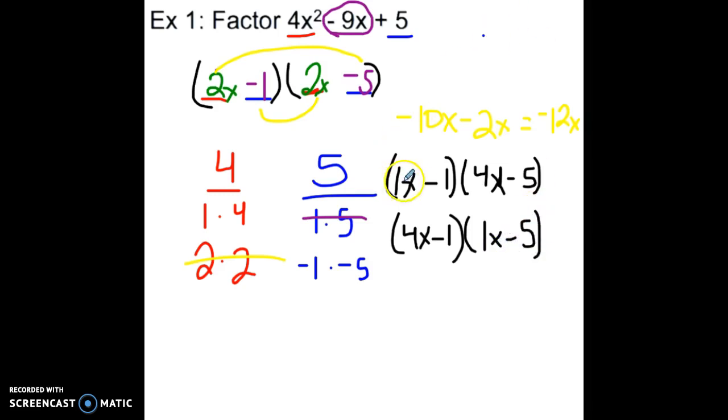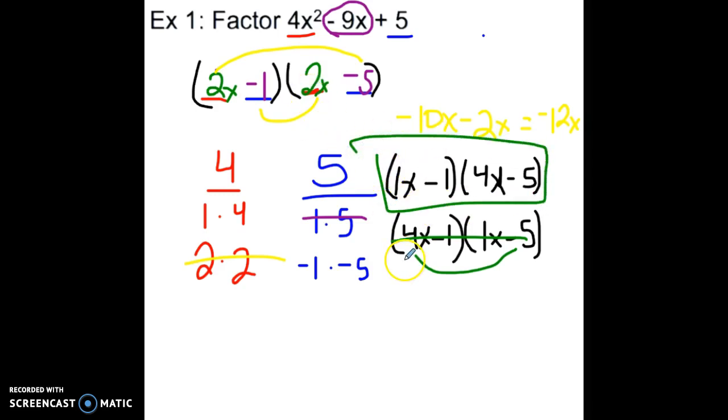So again, we need to check the outer and the inner terms combined together. So here when I look at the outer, 4 times negative 5, well, that's negative 20. And negative 20 and then negative 1, that's not going to get us anywhere close to negative 9. So let's double check this one. This should give us our answer because the other two have been ruled out. So when I multiply here, 1 times negative 5 is negative 5, and I'll include my x.